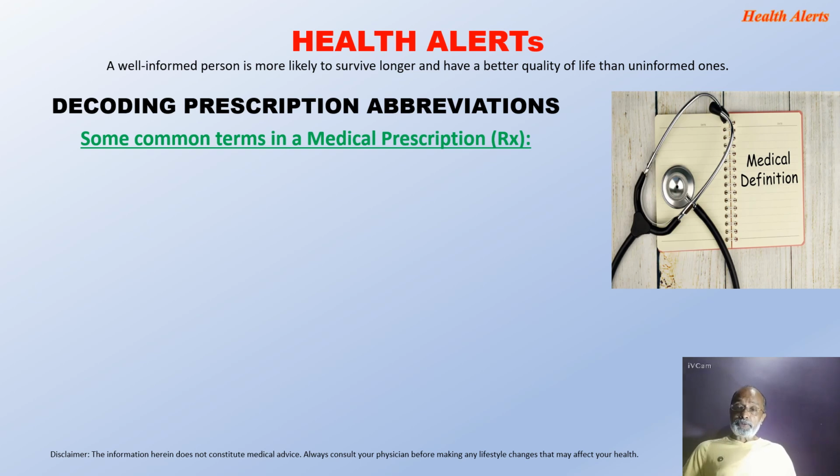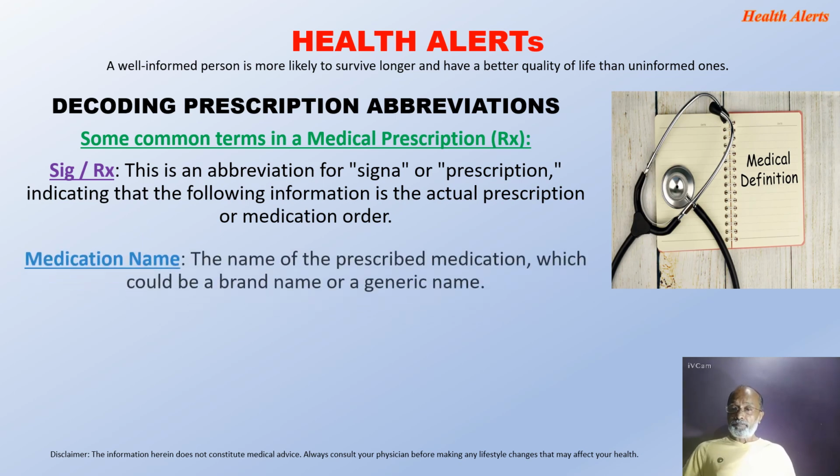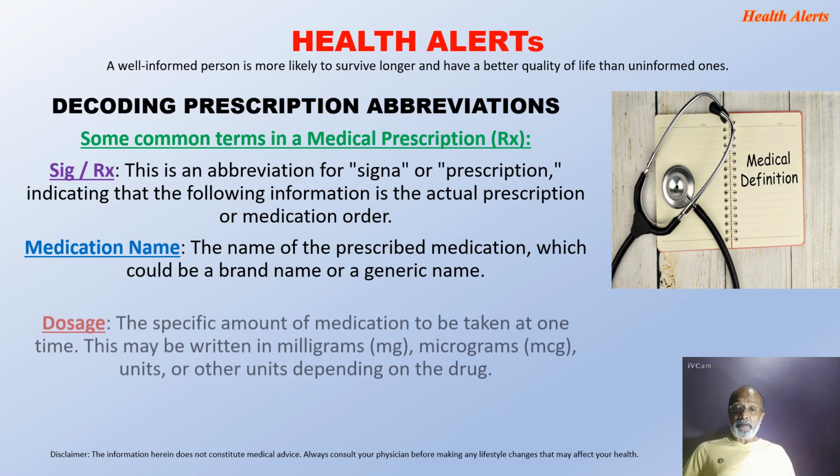Some common terms used frequently in medical prescriptions are SIG or RX. This is an abbreviation of signa or prescription, indicating that the following information is the actual prescription or medication order from a doctor. Medication name: the name of the prescribed medication, which could be a brand name or a generic name, as I explained.